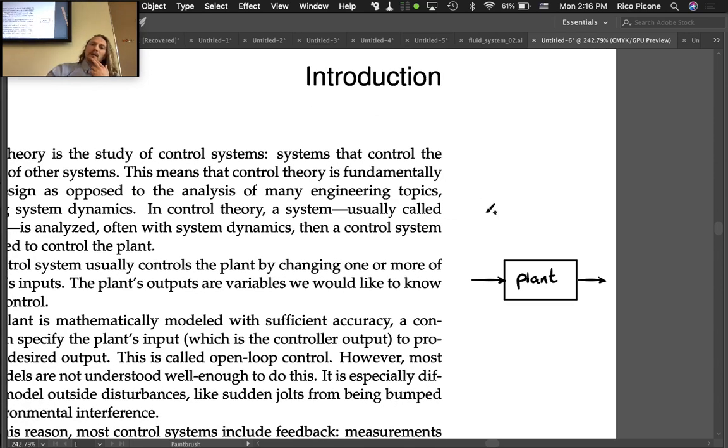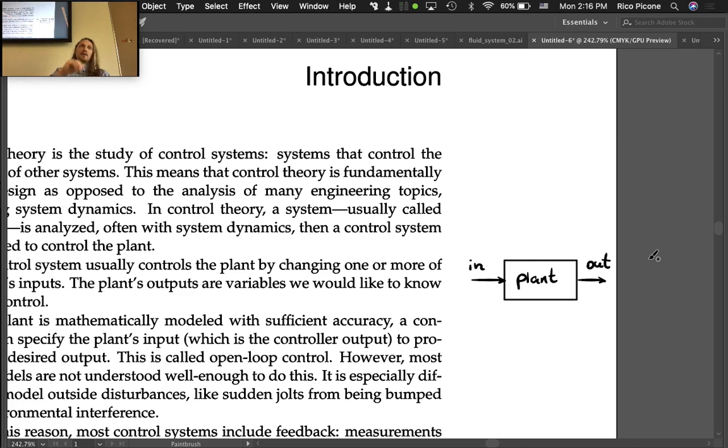The plant's outputs are going to be things that we want to know about what's going on in the plant, and or things that we want to control that are going on in the plant. For instance, if our plant was a motor comprising a single joint of a robot arm, the angle that joint is at would be the output that we're interested in.